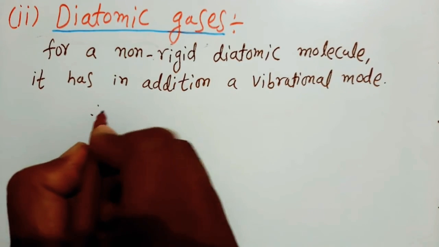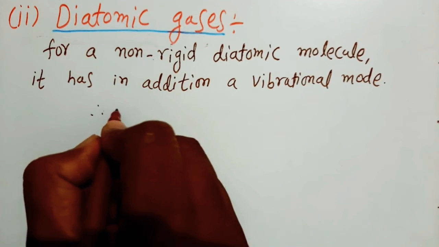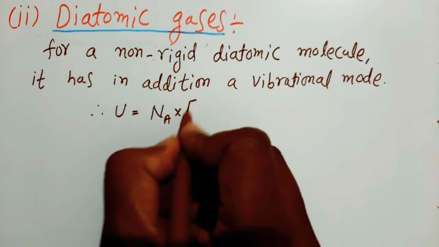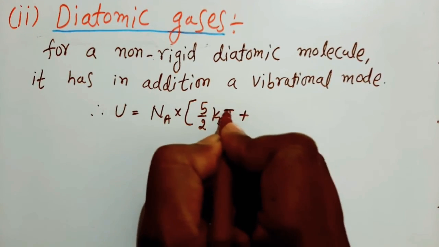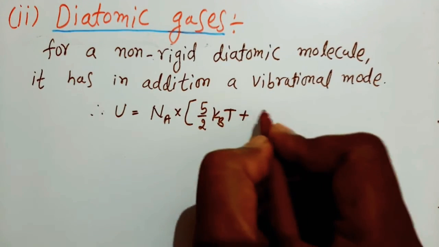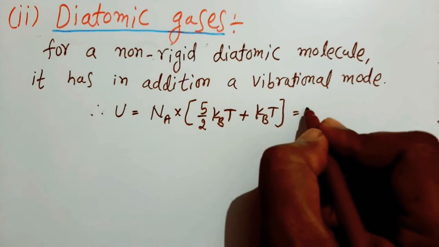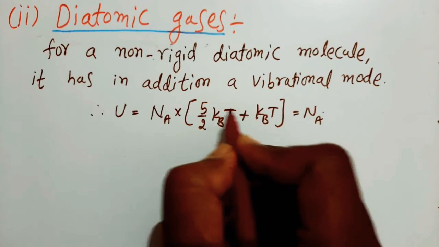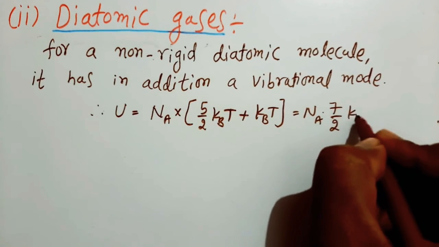Therefore, the average energy of 1 mole of gas is U is equal Na into 5 by 2 kBT plus, here average energy of vibrational mode is kBT, that is equal Na into, 2 ones are 2, 2 plus 5, that is 7 by 2 kBT.